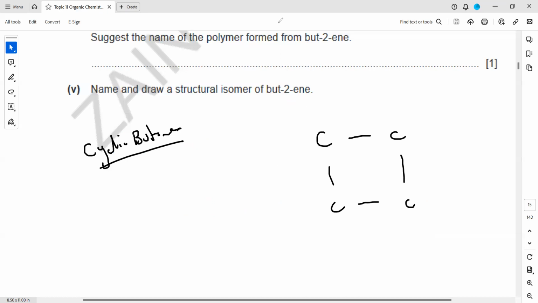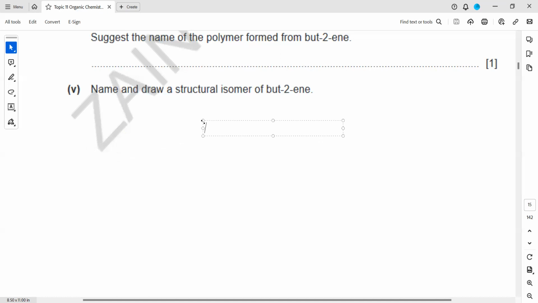Switching the place is the same thing, because but-2-ene and but-1-ene are the only 2 possible structures in terms of changing the position of the double bond. The other isomer of alkene that we can draw is a cyclic alkane. Cyclic butane, also known as cyclobutane, is an isomer of butene. Why is it an isomer? Because if I count, it will have 4 carbon and 8 hydrogen. So whenever you are drawing an isomer of alkenes, what are the ways?